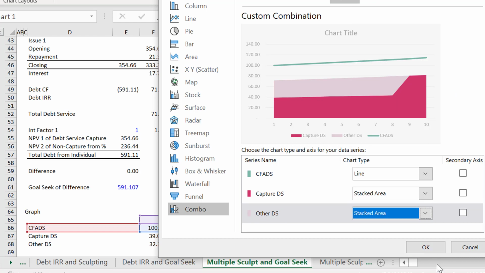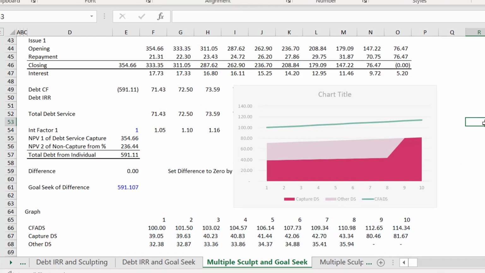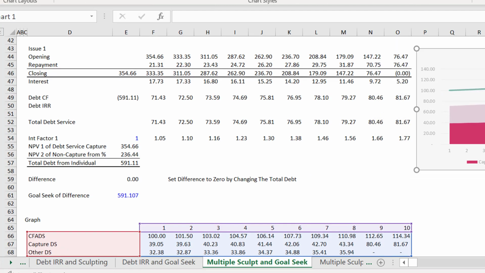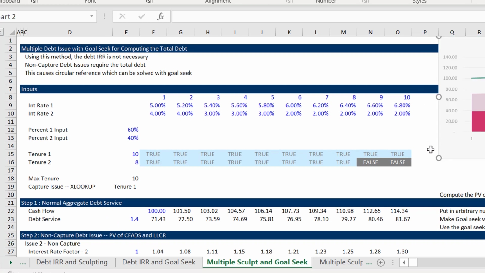Okay, there we go. And so what happened when we do this analysis, they're both sculpted, okay? And let's do something else just to be very clear about this. Where's the CFADS? Let's make this suddenly go down to 80 or something.